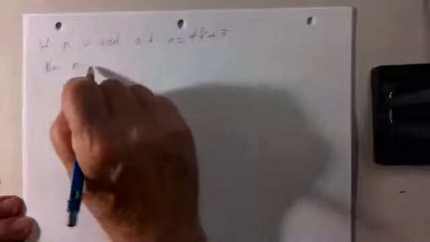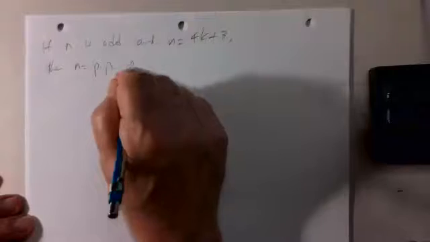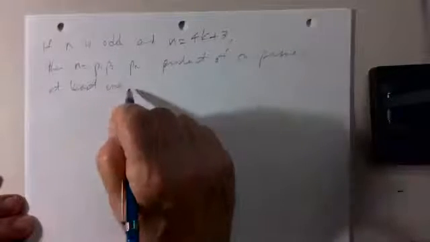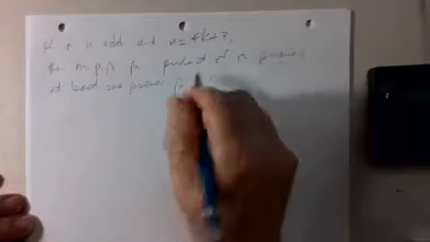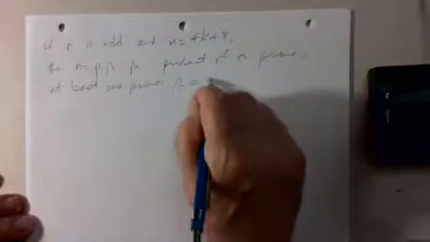Then if you write n as p1, p2, up to p sub r, some product of r primes, at least one of these primes, p sub i, is of the form 4l + 3.